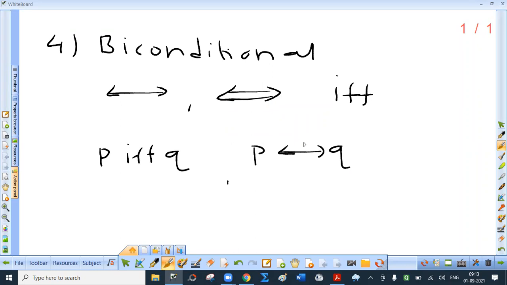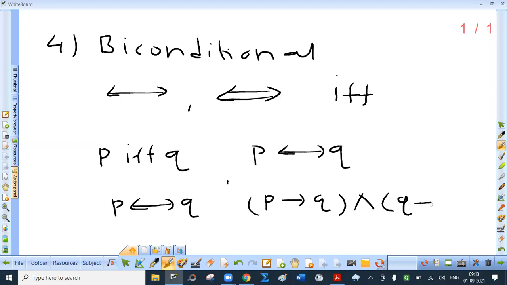Or I can say that P is equivalent to Q. As the name suggests, P biconditional Q is nothing but P implies Q and Q implies P. Yes. And hence the name double implication.